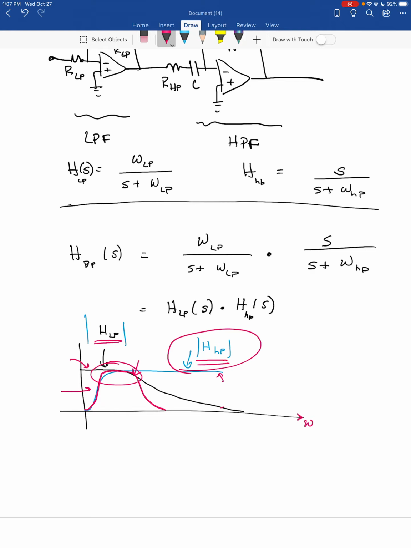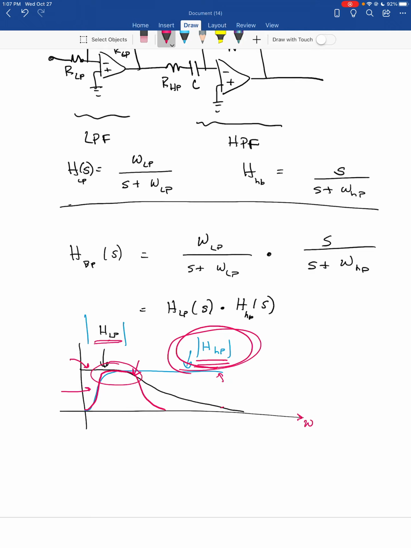This is the number one mistake that people have in designing a bandpass filter: intuitively, when you hear low pass you think lower, but the lower cutoff frequency actually has to be on the high pass filter.